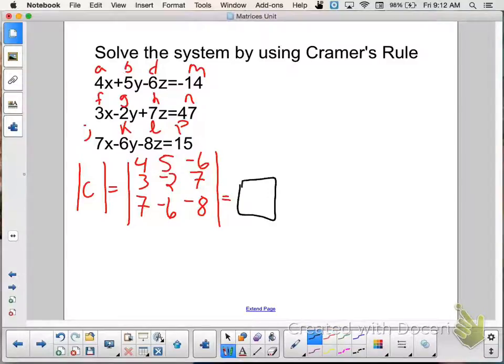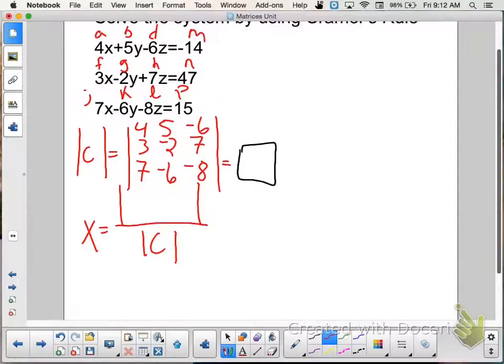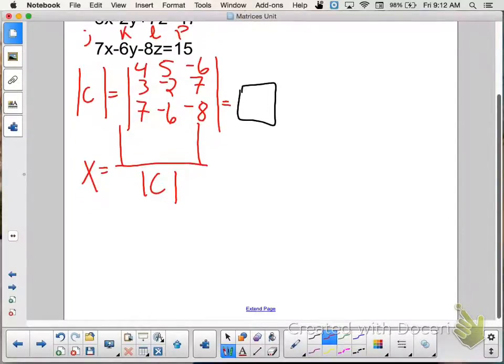So this is my invisible number that I get. Then if I wanted to set up the other ones, I would have x equals this mess. I won't rewrite it. Did not leave myself enough room again, but that's okay. M and P, so M and P is negative 14, 47, and 15.